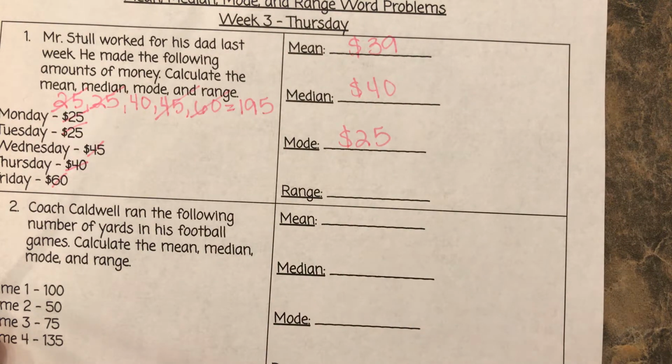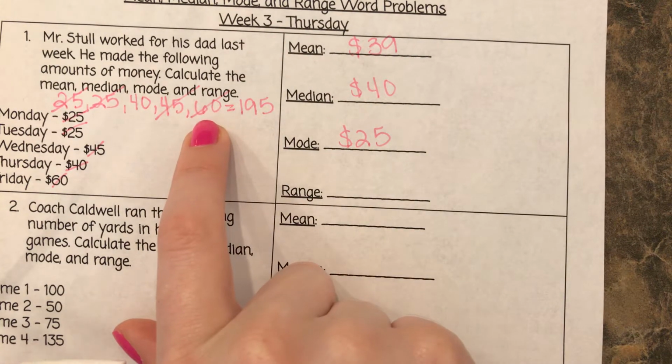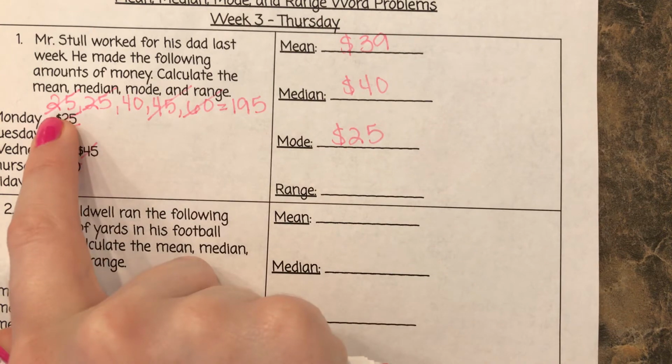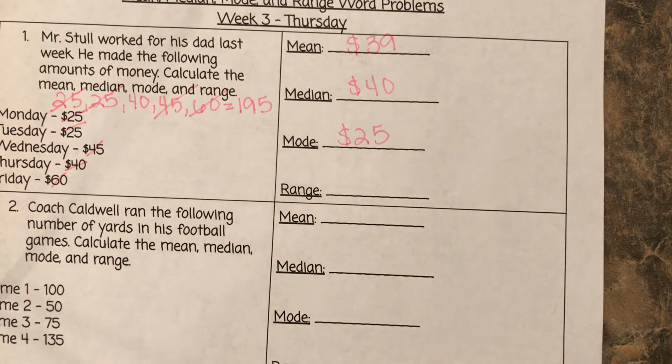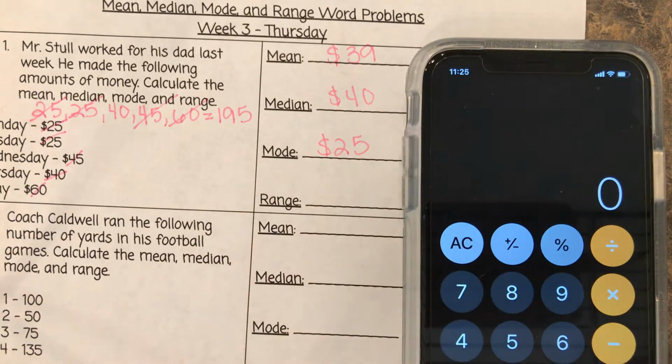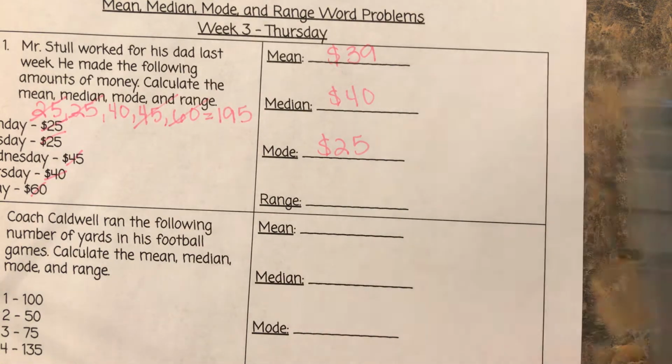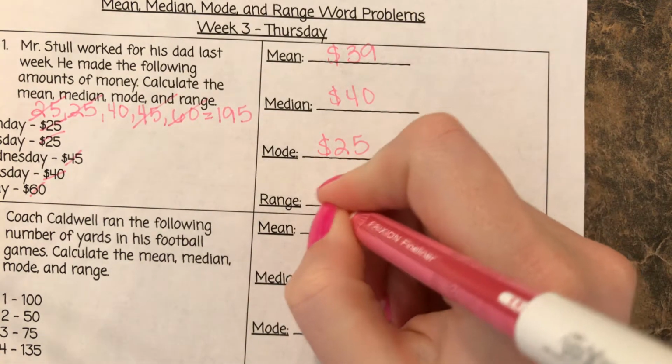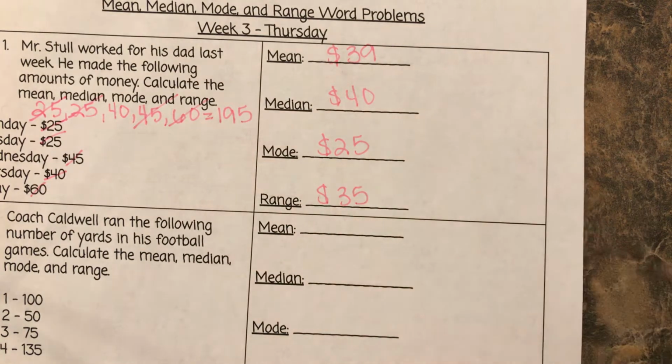And our range, the most money he made was 60, and the least amount of money was 25. So we need to take 60 minus 25 to get 35. And we're done.